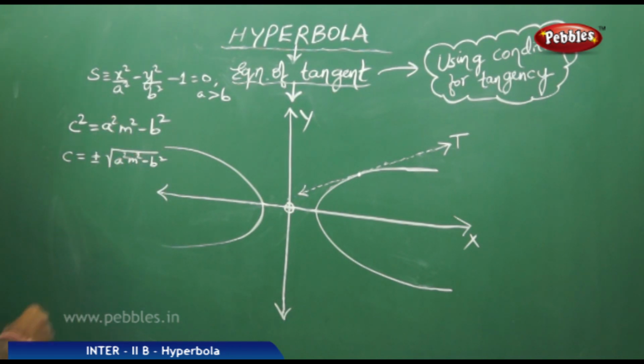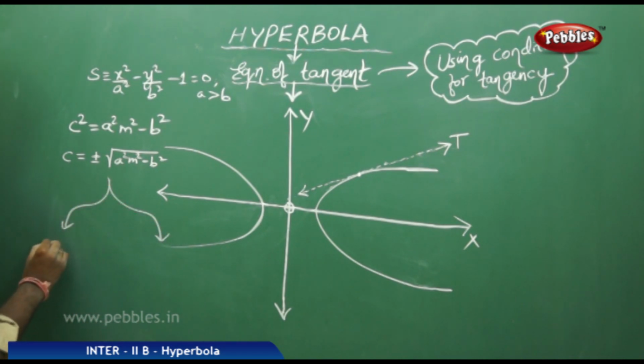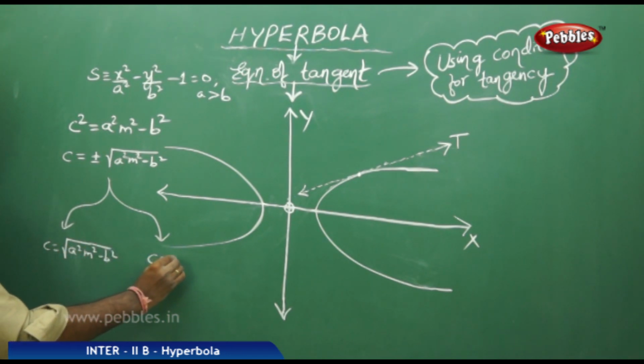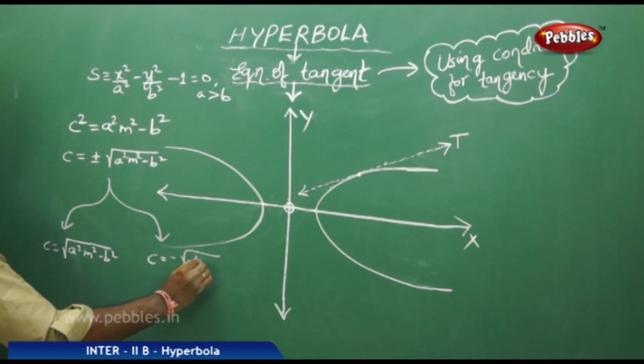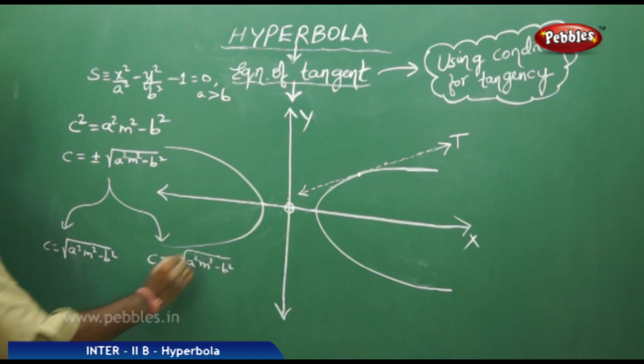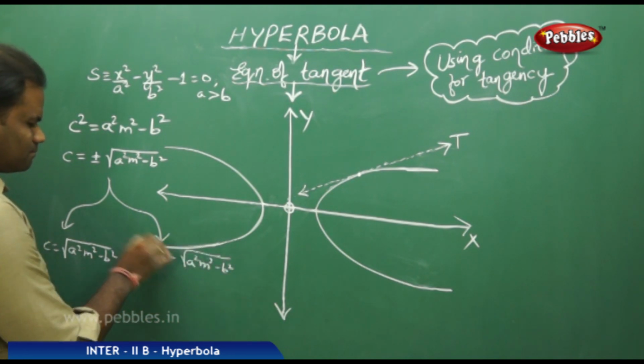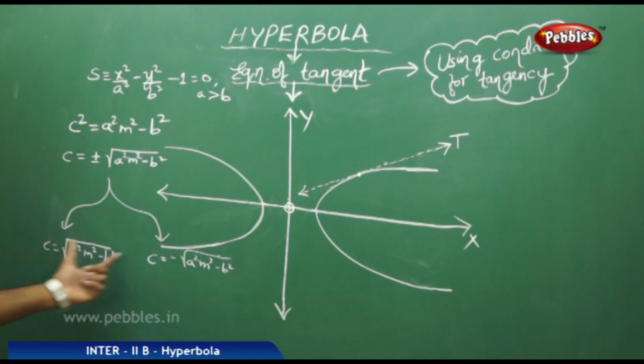That is, there are two values of c. So one is with c equals root of a square m square minus b square, and the other with minus root a square m square minus b square. So how do we get these two lines is the biggest question.